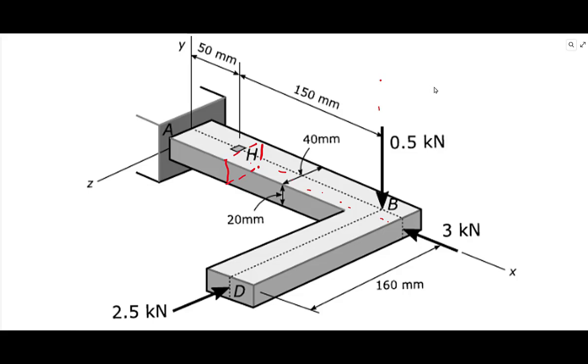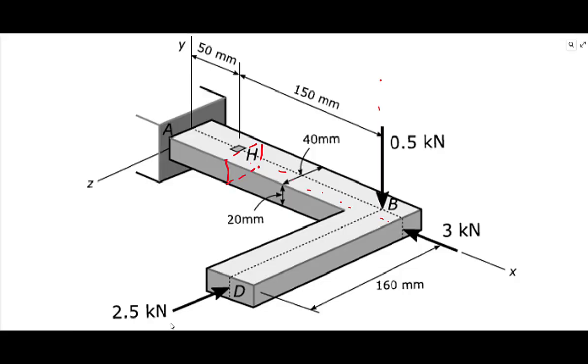Next step, you want to transfer 2.5 here, and again, you are transferring a force normal to the line of action. The line of action for 2.5 is along the z-axis. If you want to transfer it here, that's normal to it. The shortest distance between this line of action and that patch is 150.